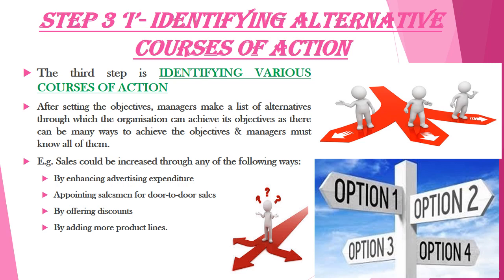Another example: suppose the goal of a firm is growth of business, then the firm has many ways like expansion in the same product line, taking over other business companies, producing new products, joint ventures, increasing exports to existing or new markets, etc.